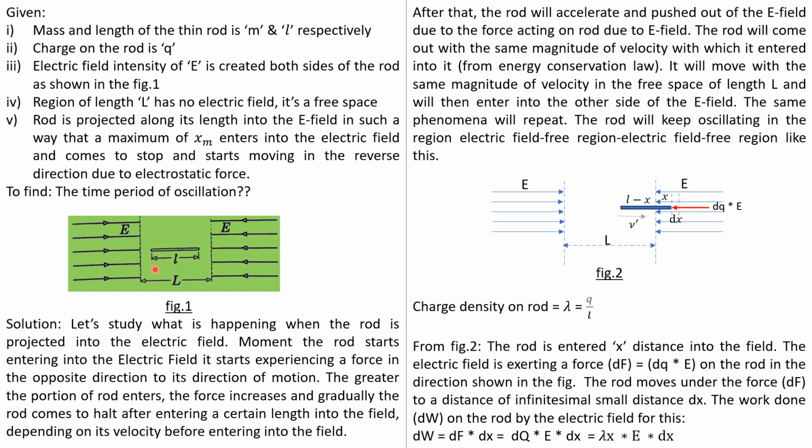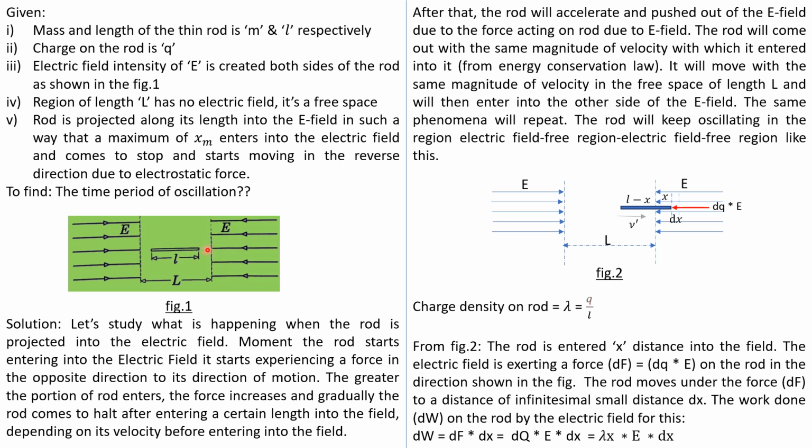As per the question, it is projected along the length of the rod, but the rod is not completely entering into one of the fields. So in practical, what is happening? Suppose you have projected the rod inside this field with a velocity v.